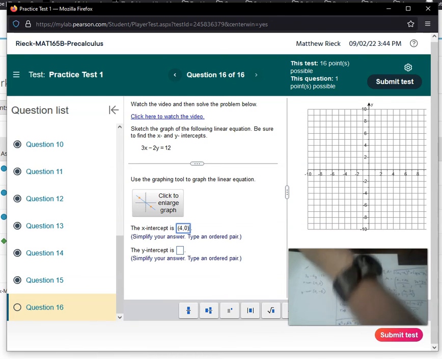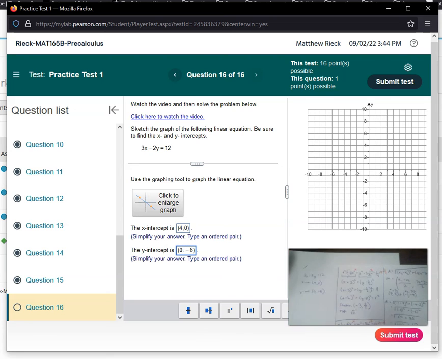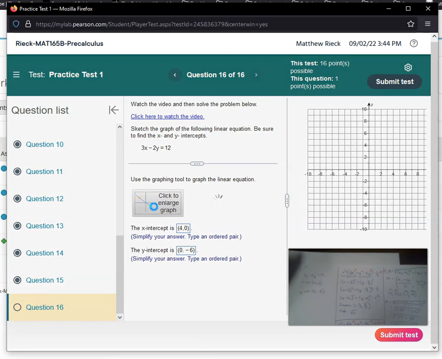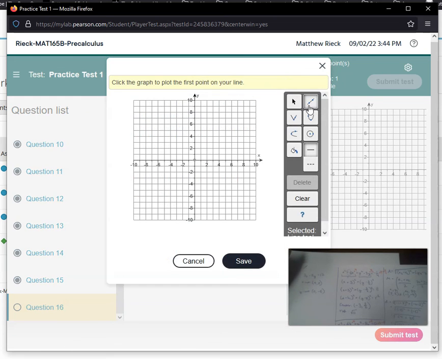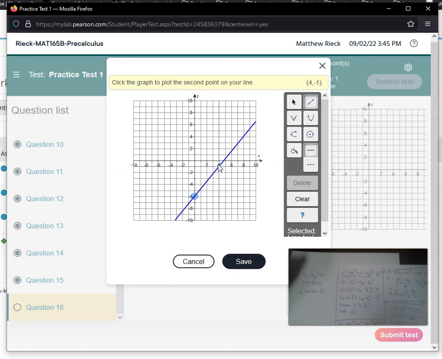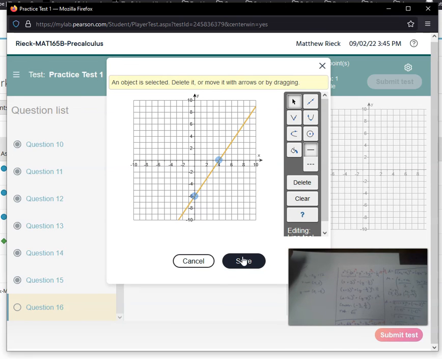X-intercept is 4, 0. And the y-intercept is 0, -6. Graph this. So we have 0, -6 and 4, 0.